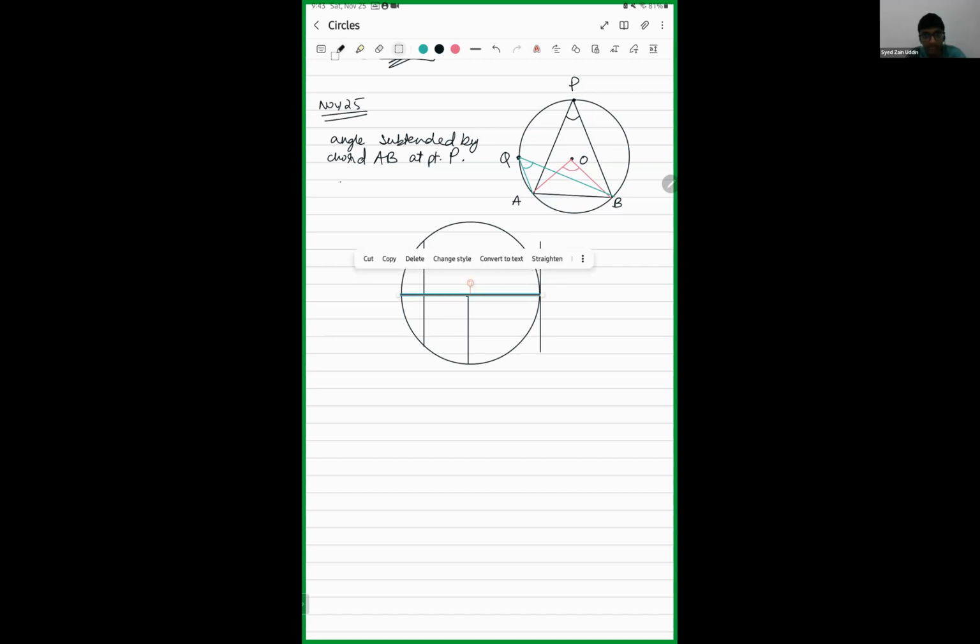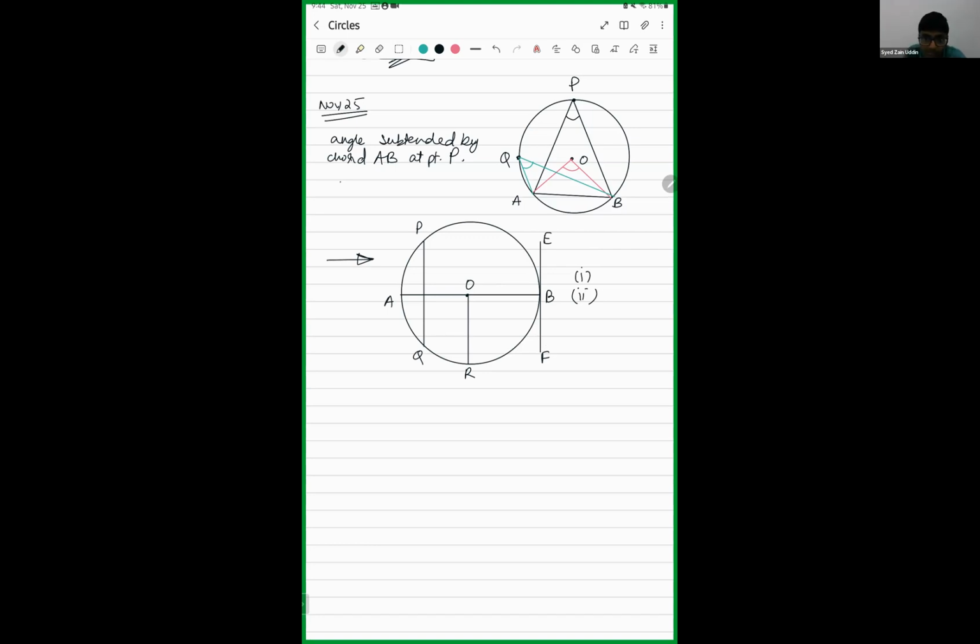So this is AB. This one is AB, the horizontal one. This is PQ. This is OR. This is, let's say, EF. Can you tell me which one of these is a chord? There are two chords over here. In this particular diagram, there are two chords. Can you tell me which two of them are chords?